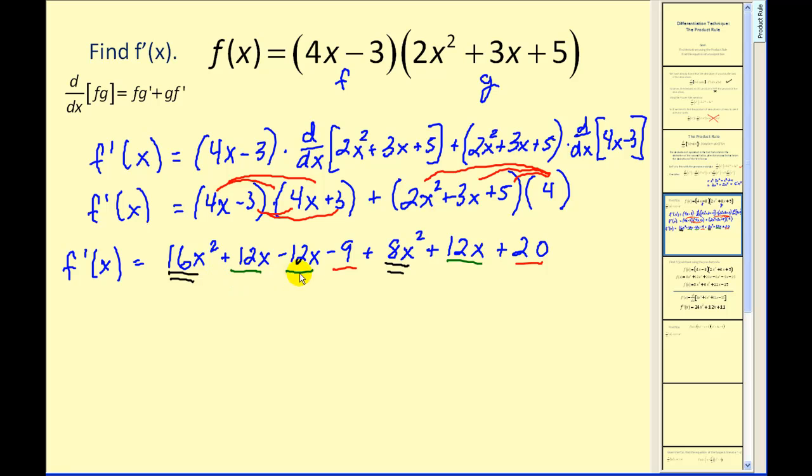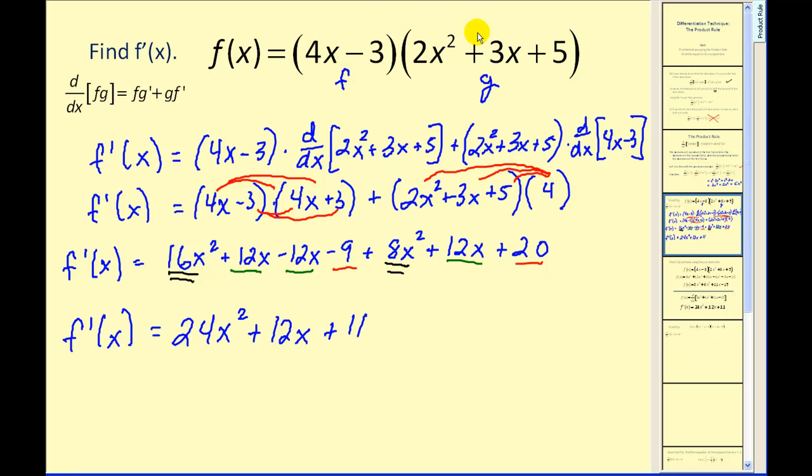So to save time, I multiplied all this out and I've identified the like terms. Now I'm going to combine the like terms to find the final derivative function. And that would be 24x squared plus 12x plus 11. This is the derivative of the initial function.